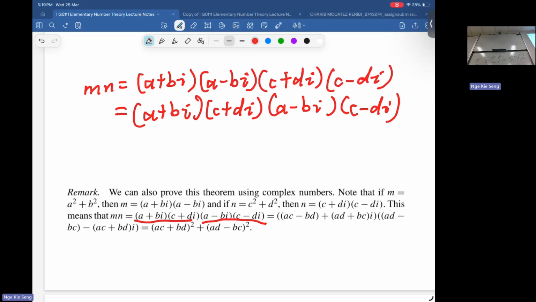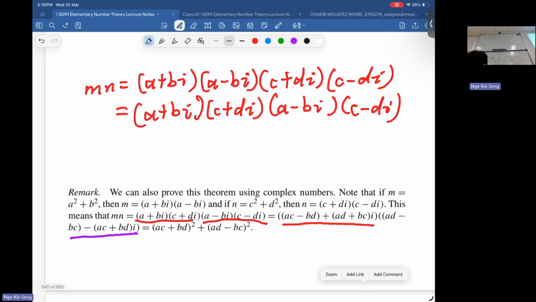So can you see this calculation here, this term and this term? They produce this conjugate term: ac minus bd minus (ad minus bc)i. Is it? Let me check. Not quite actually. Never mind, I think they just expand now.